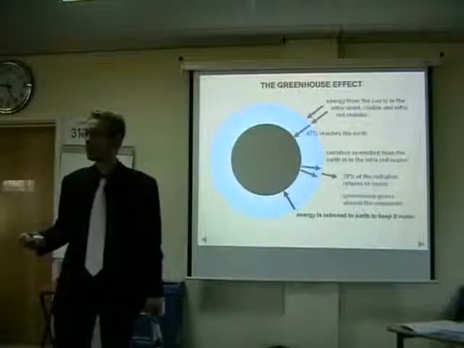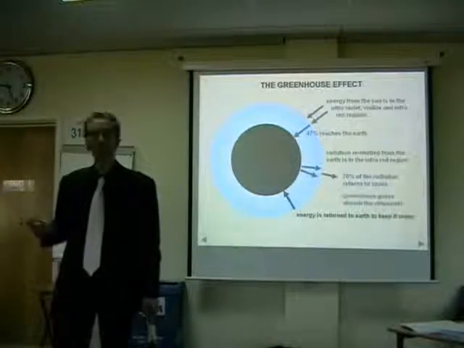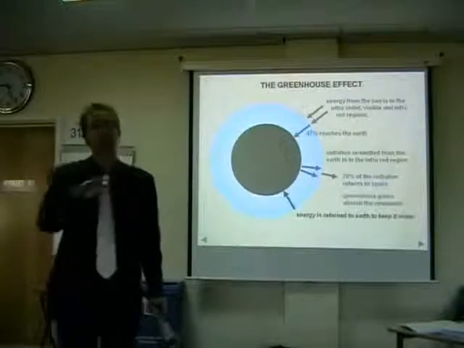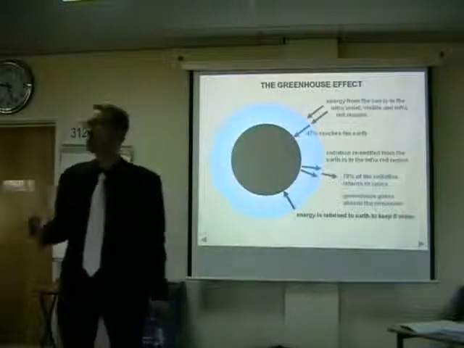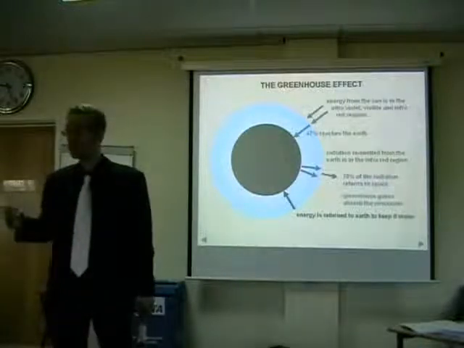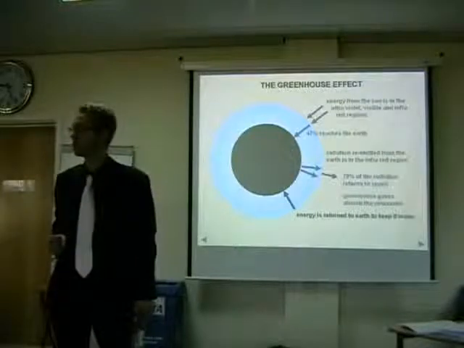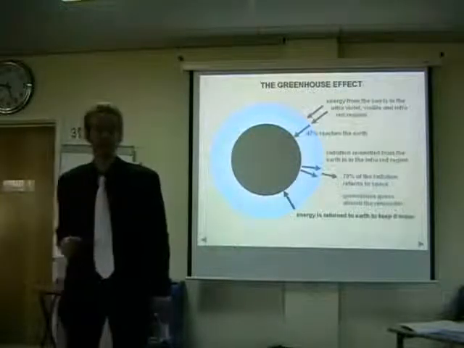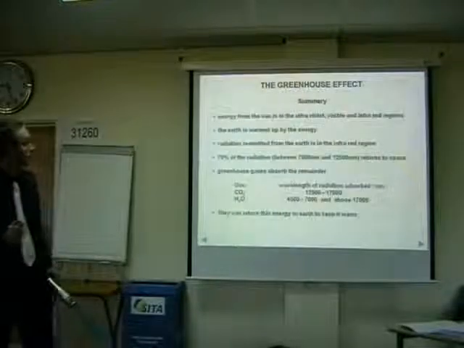There might still be some frost, but cloudy nights are much warmer than cloudless nights. And that's because the cloud effectively acts as a blanket over the surface of the Earth and keeps the heat in. Whereas a cloudless night, a lot of the heat is just radiated out into space. So it's colder. Happy with that?